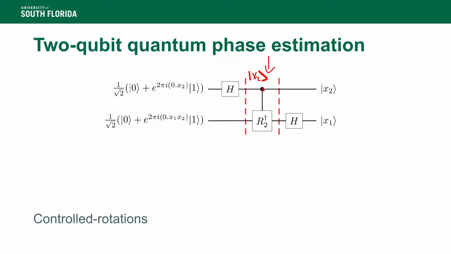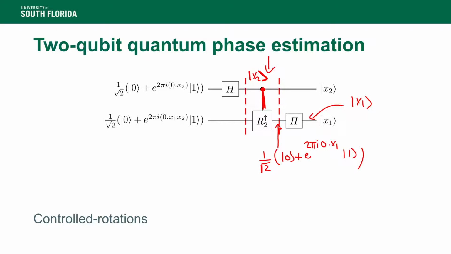However, when x2 equals 1, then this is going to be activated, and it will first produce here the state 1 over square root 2, 0 plus exponential 2 pi i 0.x1, and then here after the Hadamard gate we get the state x1.